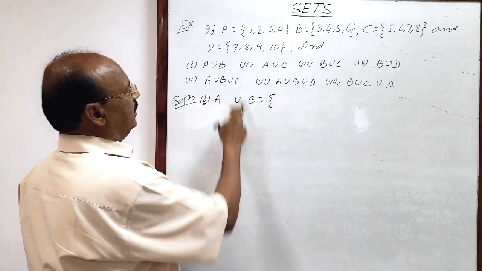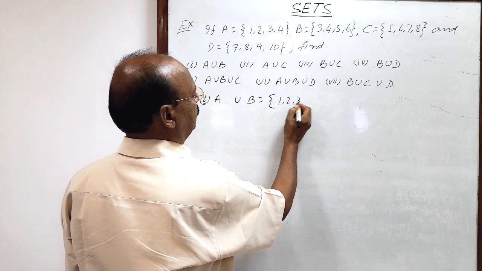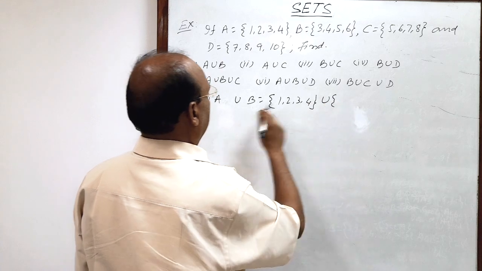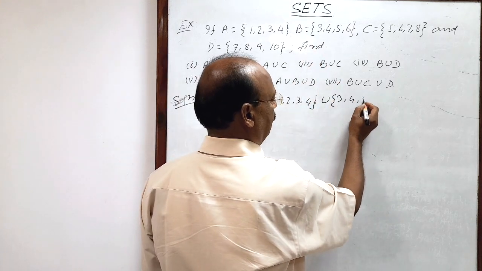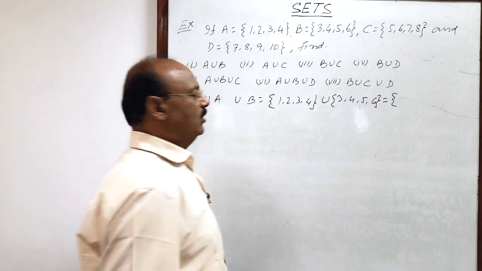B. And here A is a set having elements 1, 2, 3, 4, union another set B having elements 3, 4, 5 and 6. We have to find out union of these two sets.